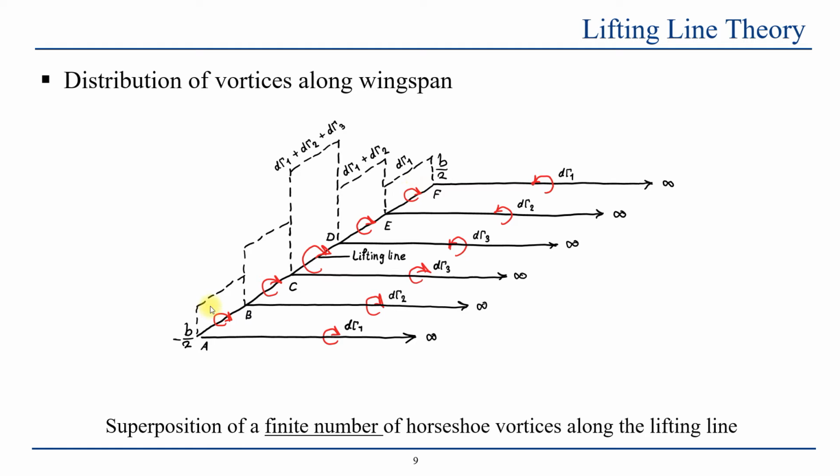But as you can see, the superposition of the effect of the various horseshoe vortices is actually what is going to give us a better estimate or a better determination of what the actual forces acting on our wing, including the lift and drag, are going to be. Given that we can get the circulation or the gammas from here, and then we can use those to calculate the lift and drag. But in here we do have a finite number of horseshoe vortices.